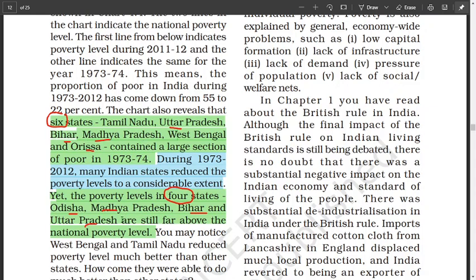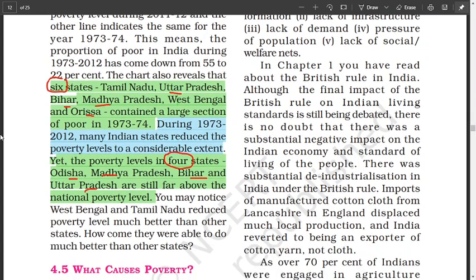And how do we know? We compare with the national average, which is 22% in the nation. But these 4 states are still above that, with more than 22% of poor people. Out of those 6 states, only 2 have been able to improve, that is West Bengal and Tamil Nadu.